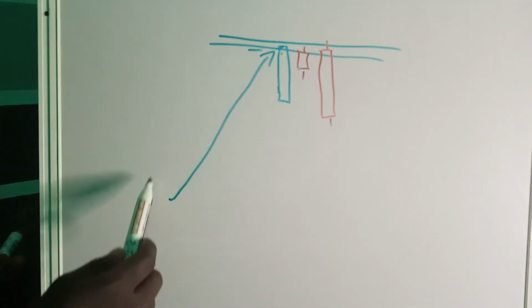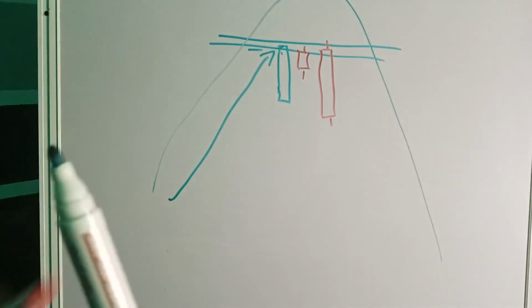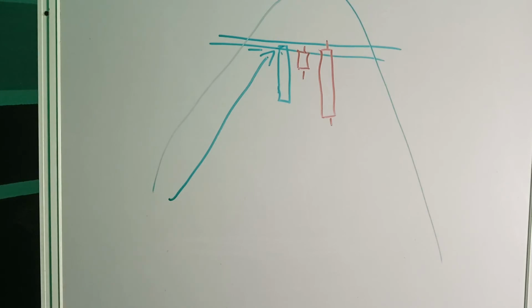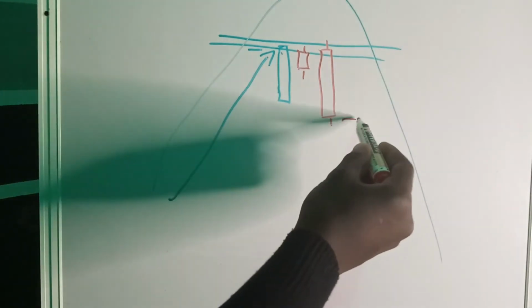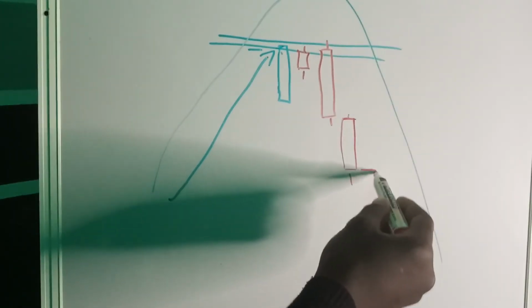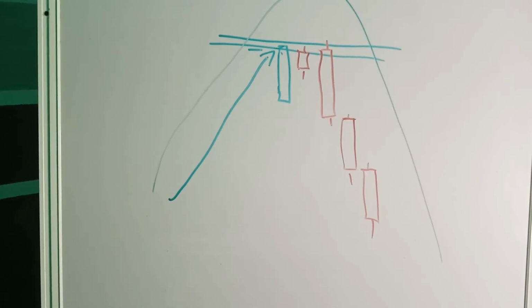It's late and the sun will fall. This is just an example. This is why we call it the evening star, and you most likely find price pushing downwards after this signal. So this is how it works.